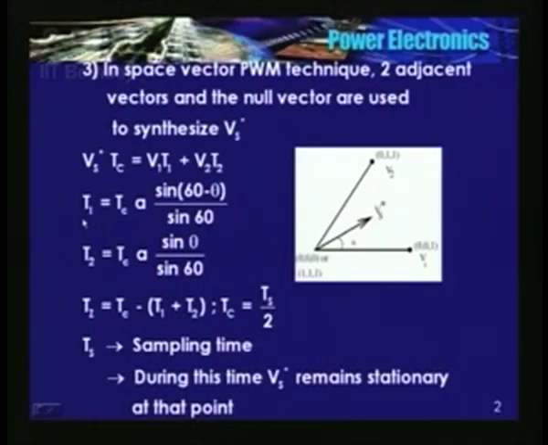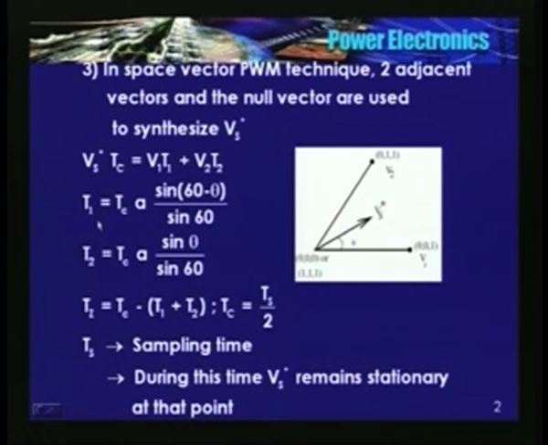During this time the space vector Vs is assumed to be stationary at that particular point. So, by solving these equations, we found that T1 is given by this equation and T2 is given by this equation.